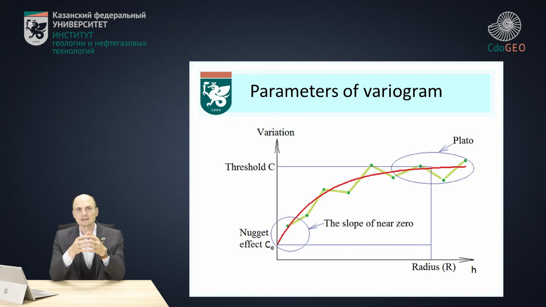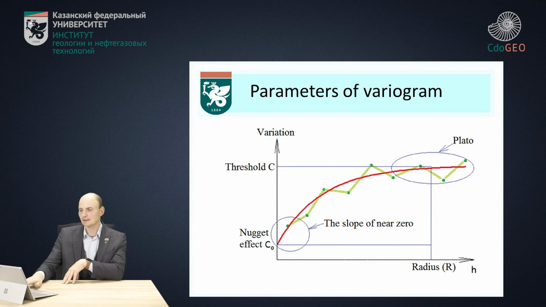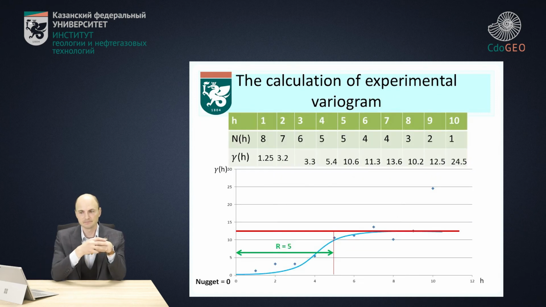The next thing is the nugget effect. Let's look at our experimental variogram. You see the first point starts at a coordinate equal to 1, while the theoretical variogram starts from a coordinate equal to 0. But why did we not calculate the experimental variogram at a distance of 0? The answer is easy.